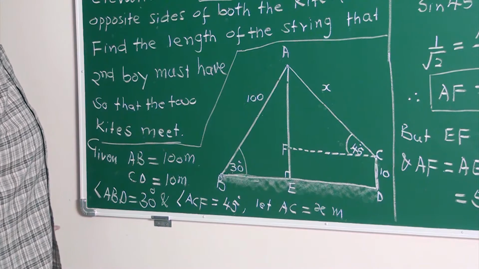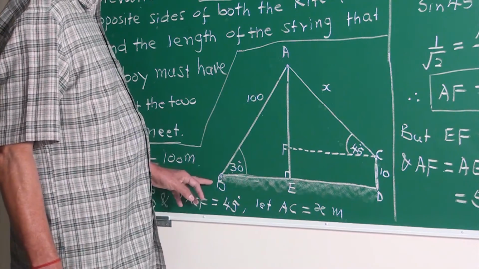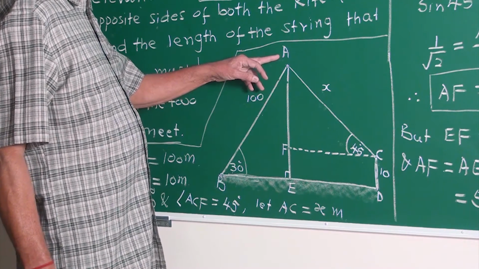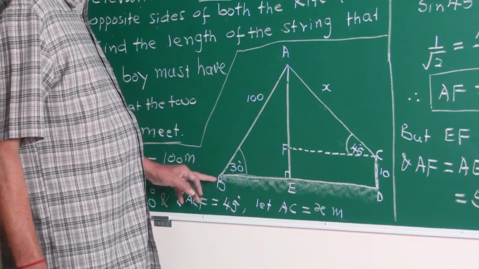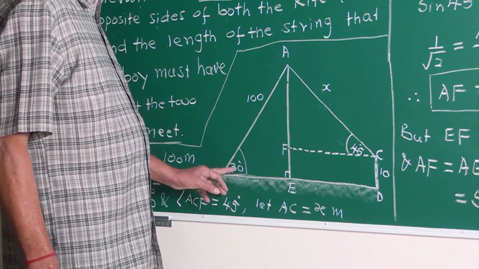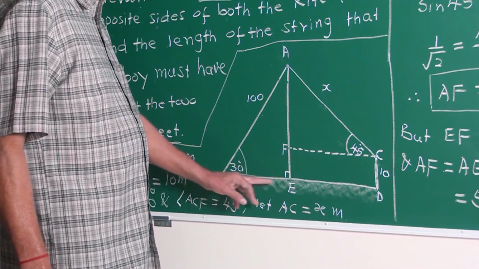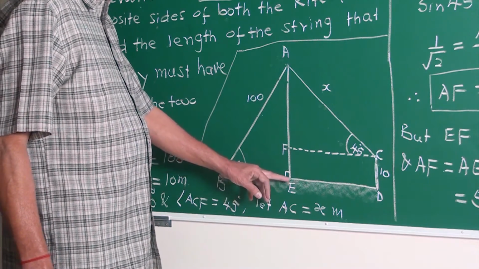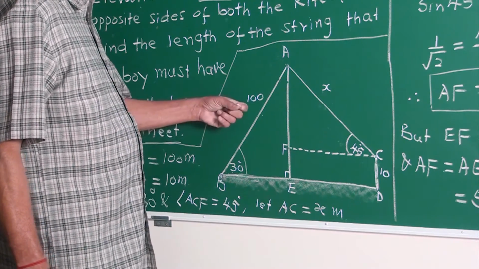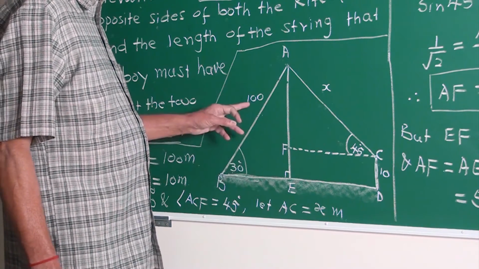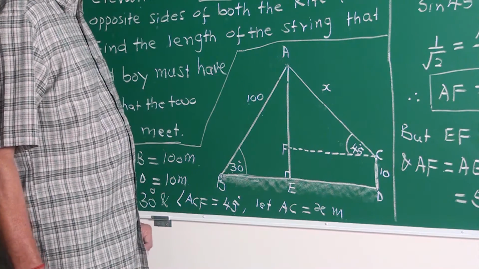Here there are two triangles, first and second. In triangle ABE, tan 30 would be opposite side AE upon adjacent side BE, but you should not take tan here. Why? The hypotenuse is given, so instead of tan you have to go for sine.